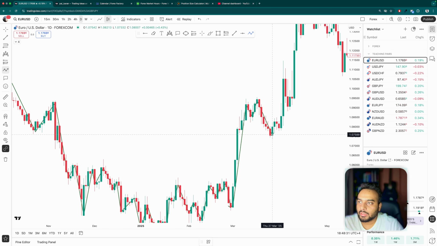Now we have another structure. Okay, we have these two candles moving down. If it would have been one candle, it would have been different, but this is two candles moving down, forming a small angle, and then we have another swing high, and then another swing low. Now imagine this.